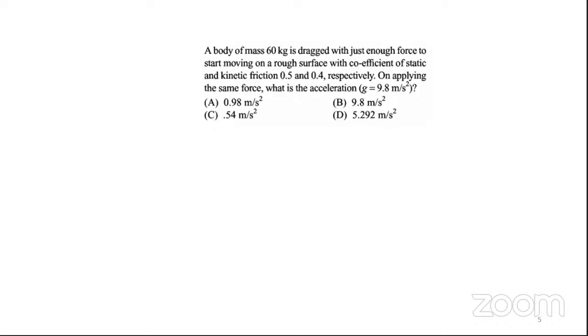All right, I'll give you a hint. Suppose this is my mass of 60 kgs and there is a force acting over it on a rough surface, and the coefficient of static friction will be the first force that we have to overcome.